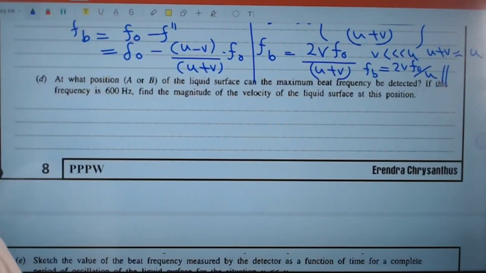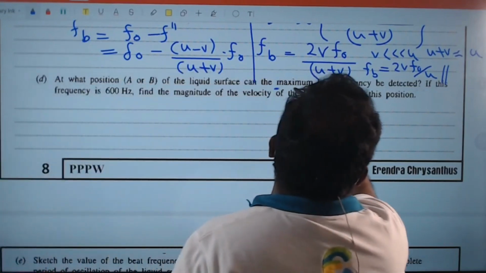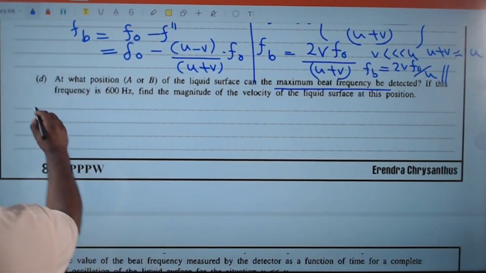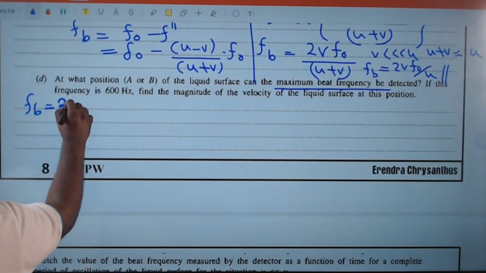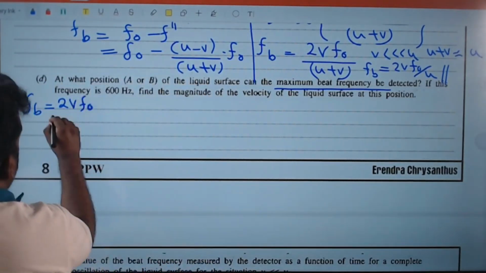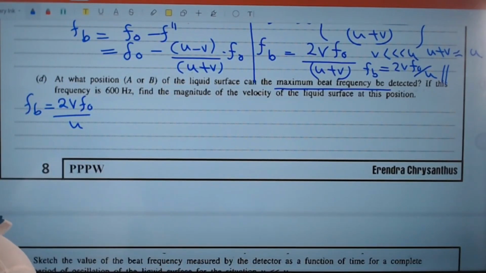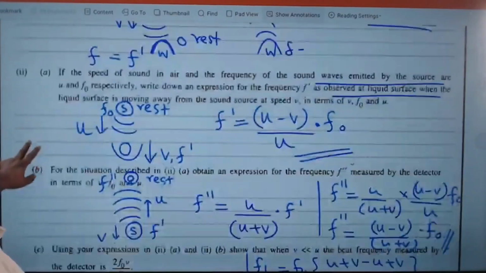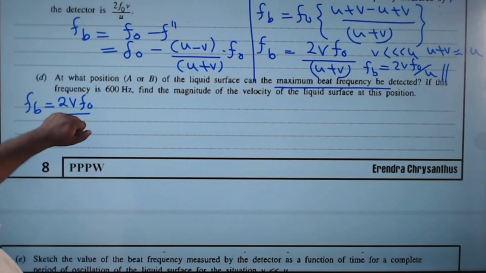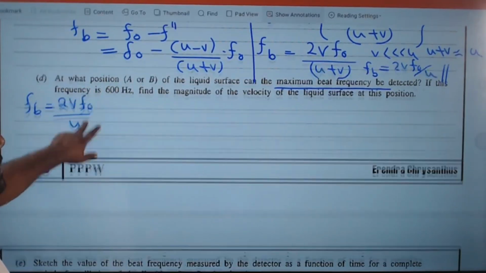At what position, A or B, of the liquid surface can the maximum frequency be detected? Beat frequency is 2v f naught over u. Now u is the velocity of sound, v is the speed of the surface. So the maximum can be obtained only where the maximum velocity is.